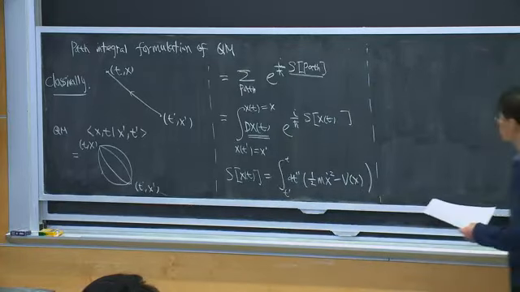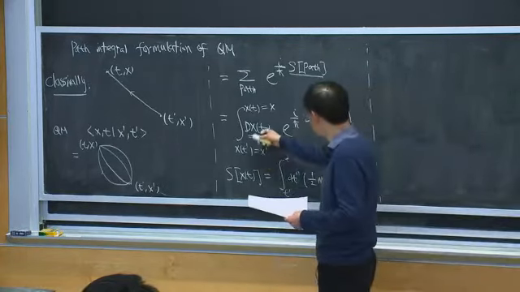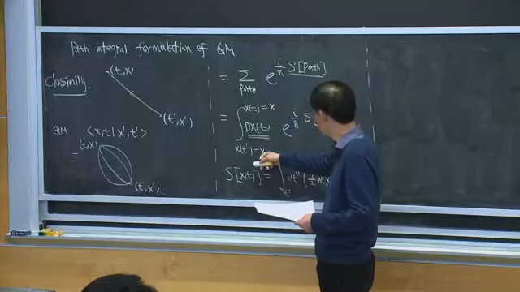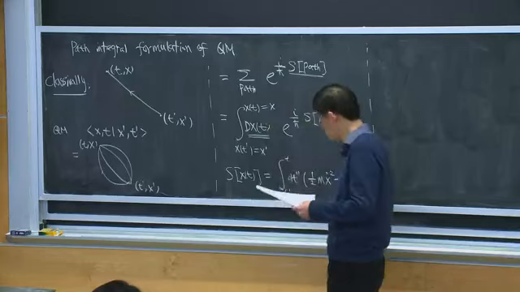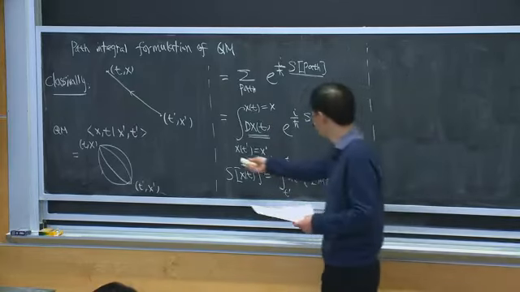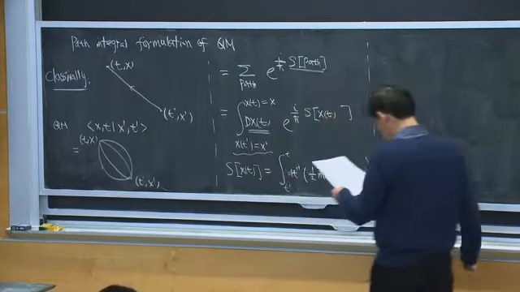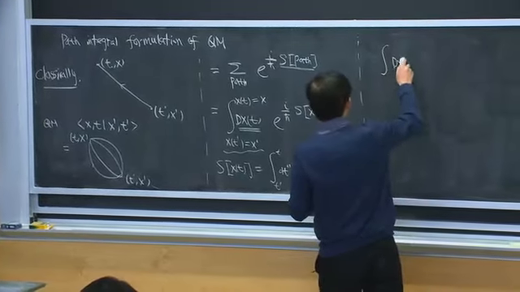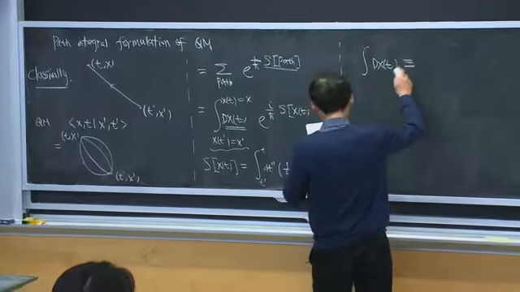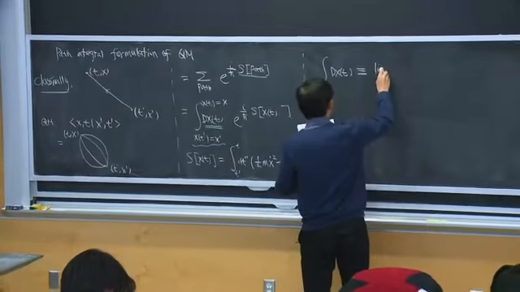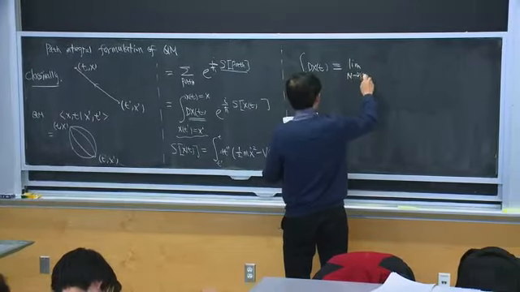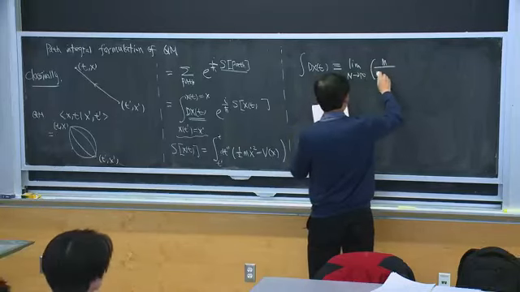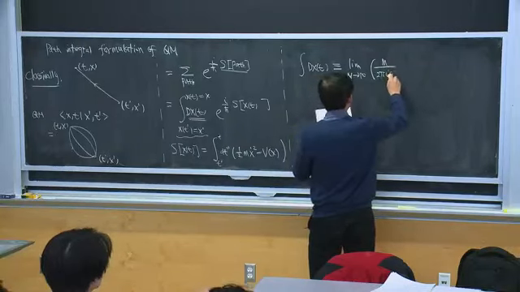All the trajectories have fixed endpoints: at time t prime the position should be x prime, and at time t it should be x. This integration is also a shorthand notation for a limit. The measure Dx(t) should be understood as the limit as N goes to infinity, with a factor of N divided by 2 pi i delta t.